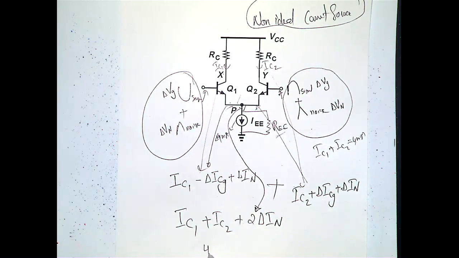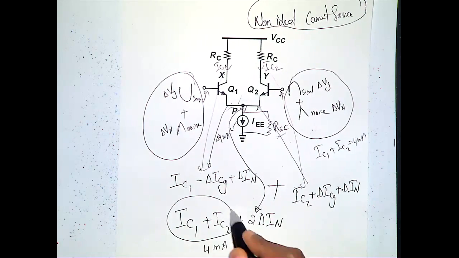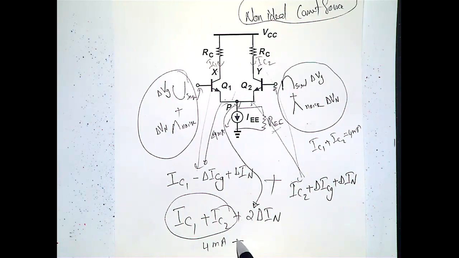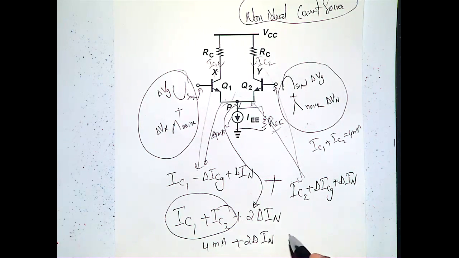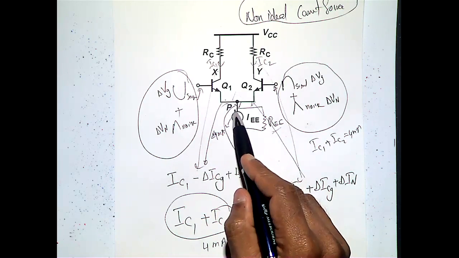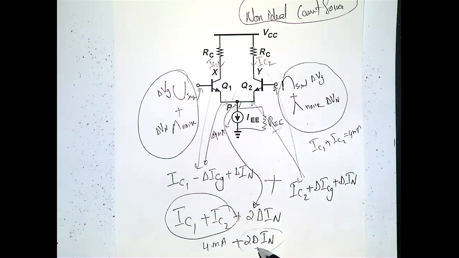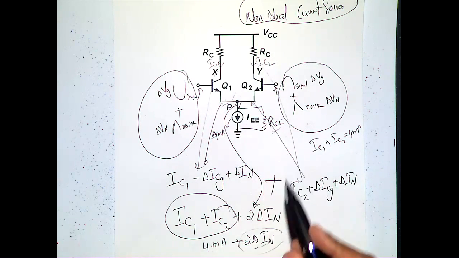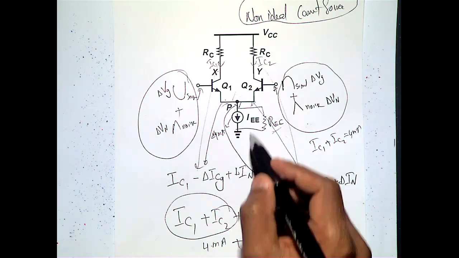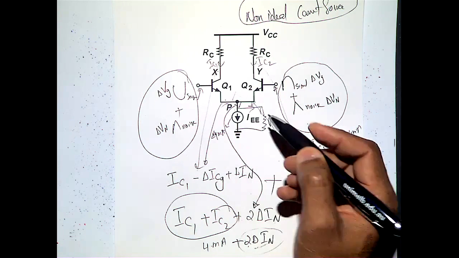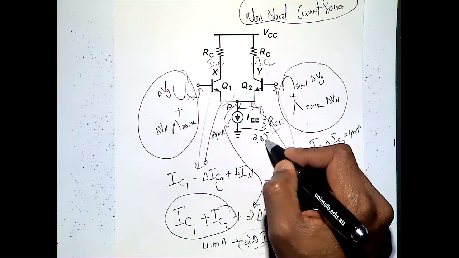Okay, so then you got 4 milliamps, that is your IC1 plus IC2. So then plus 2 times delta IN also is coming. If it is ideal, this 2 delta IN will come here, but then this current source will not allow it, this will not flow, only this 4 milliamps. But if it is non-ideal, this 2 delta IN will flow through this resistor. See, 2 delta IN.